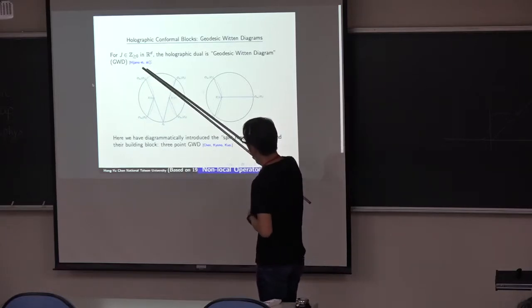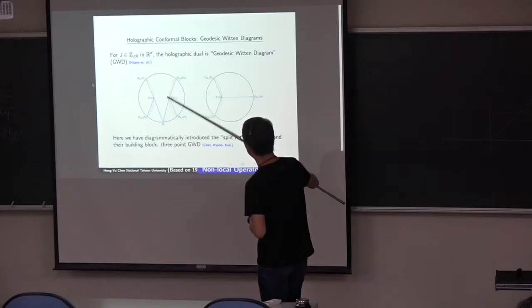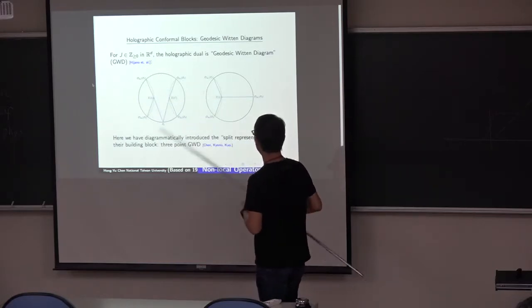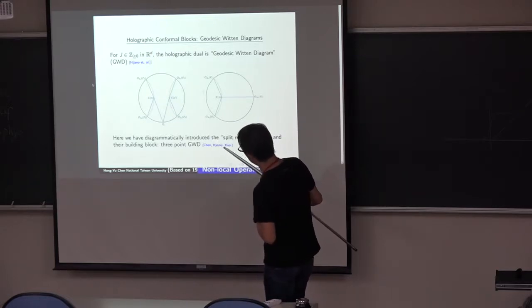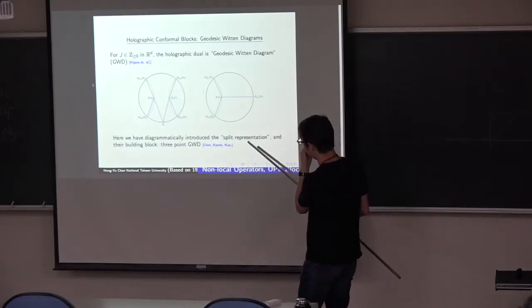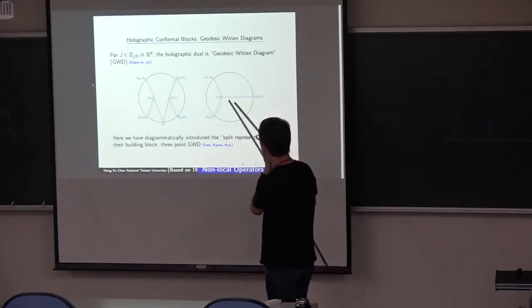So using this kind of split representation, we can further unpack this diagram a little bit and just focus on what I did with Chen and my former student Henry Gore about this 3-point geodesic Witten diagram, which consists of a 3-point vertex.